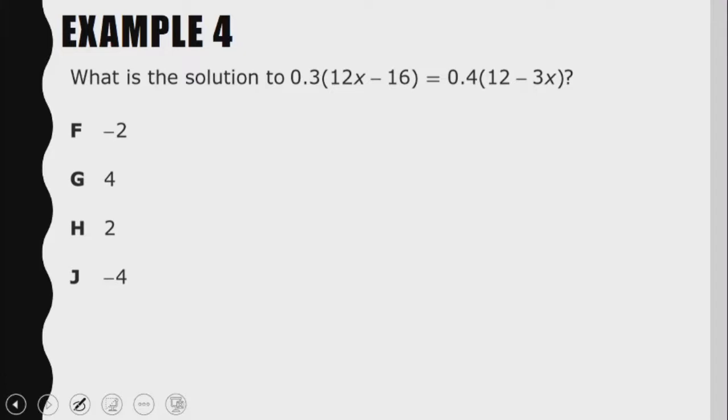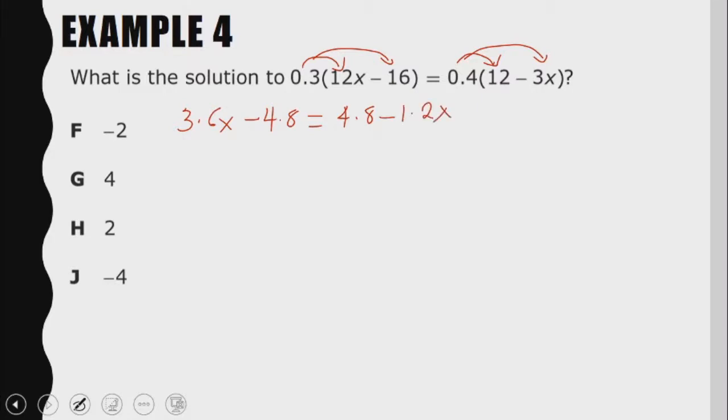Again, you can decide to distribute this into the parentheses to simplify it. So 0.3 multiplied by 12 is going to give you 3.6x. 0.3 multiplied by -16 is going to give you -4.8, equals 0.4 multiplied by 12, which gives you 4.8, and 0.4 multiplied by negative 3x is going to be negative 1.2x.